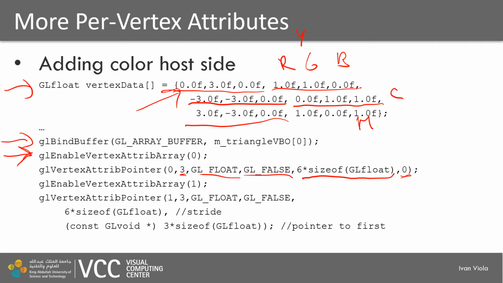Of course, we will be reading the first 3 for our positions because we have here three positions defined, GLfloat as well. And then we will be skipping the other 3 floats, which will not be in the location 0 because those will be in the location 1, the color attribute, which is defined here. And here we will have the same thing.